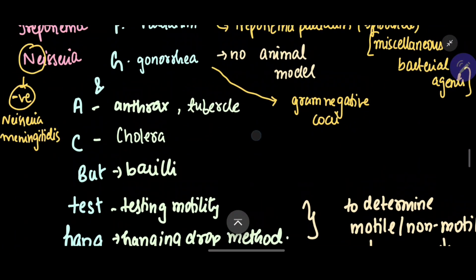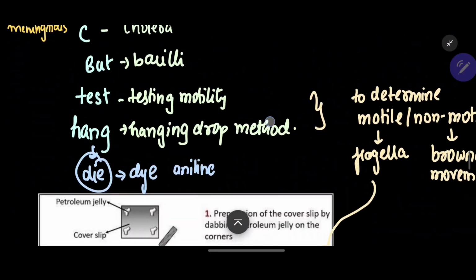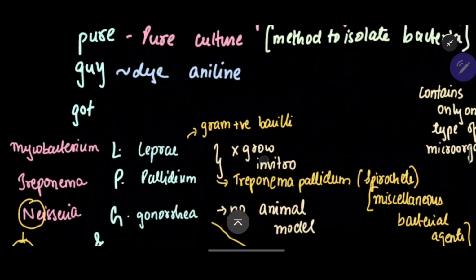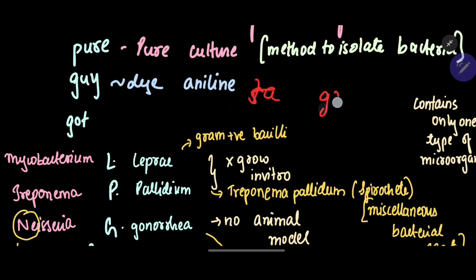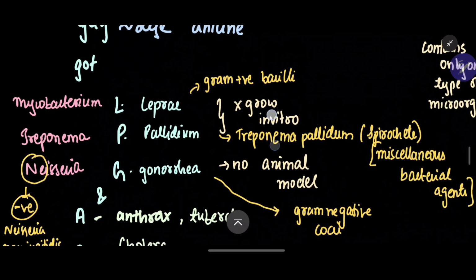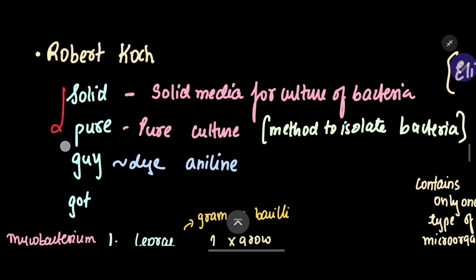So he didn't give the dye, but then he discovered that you can use this dye to stain. Like you can do various staining techniques, like I just talked about gram staining, right? Just like that, he was like you can use aniline to stain. Okay, so he did these three things.